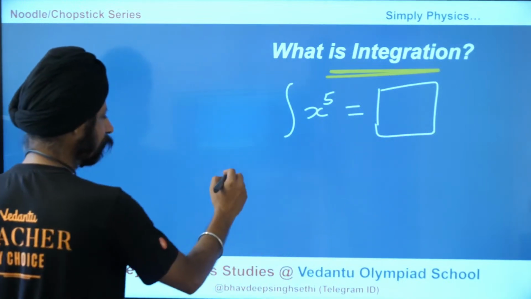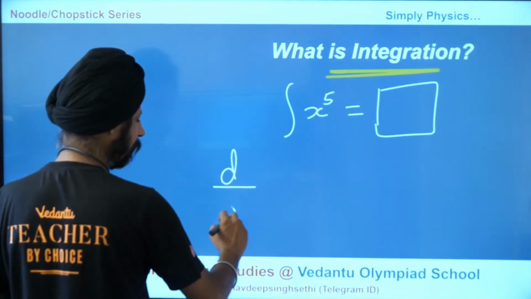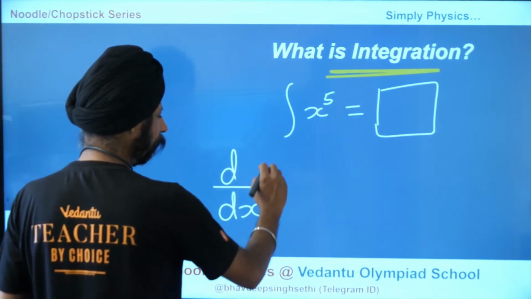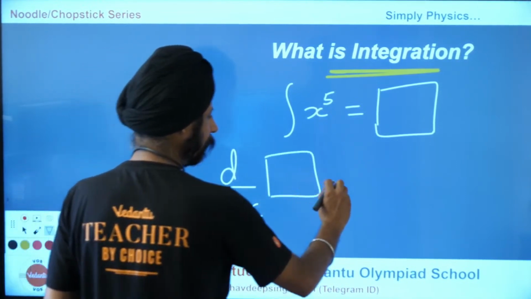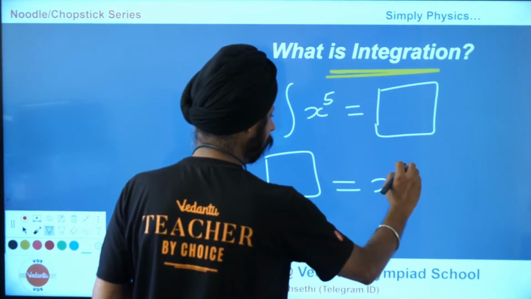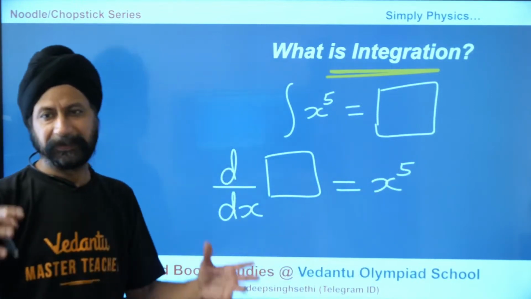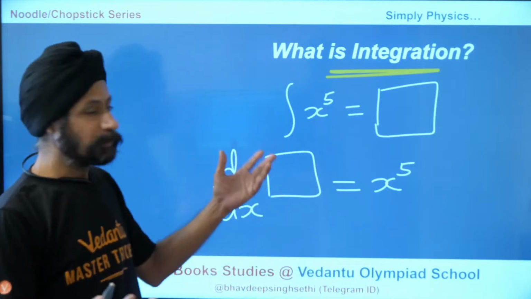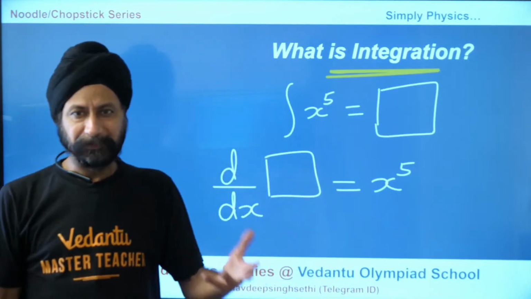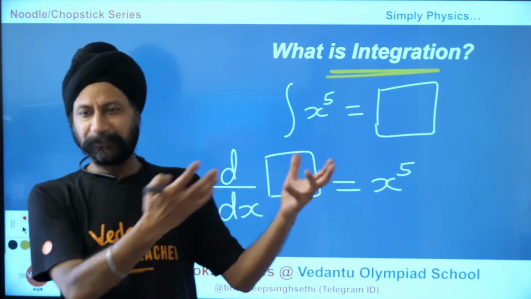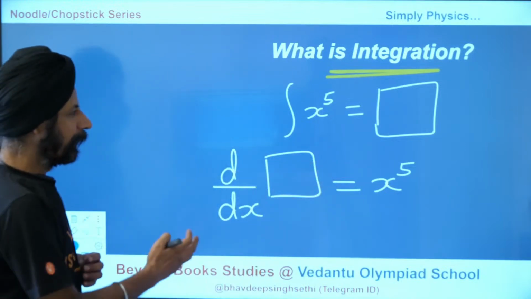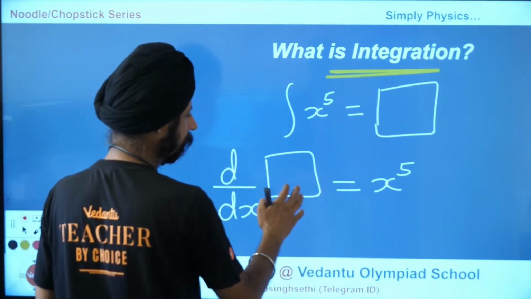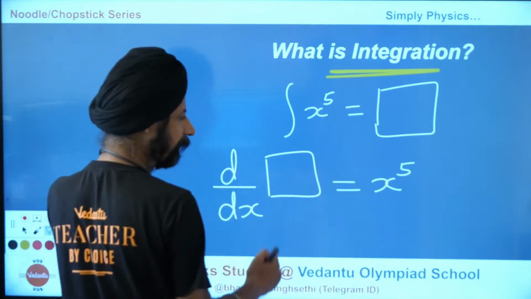That something should be such that if I do d by dx of that box, I should end up getting x to the power 5, right? So integration is basically an inverse operation, right? It's also called anti-derivative, by the way, as many of you might know. So that was derivative. This is anti-derivative. So I need something in this box which, if differentiated, should give me x to the power 5.